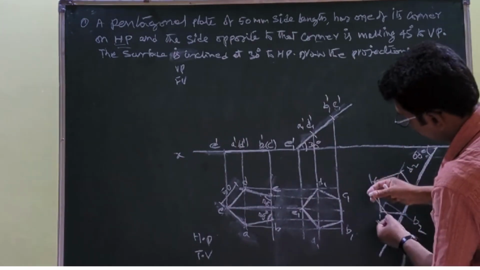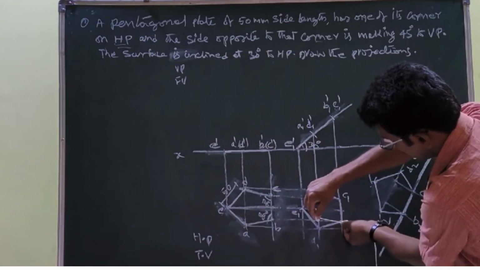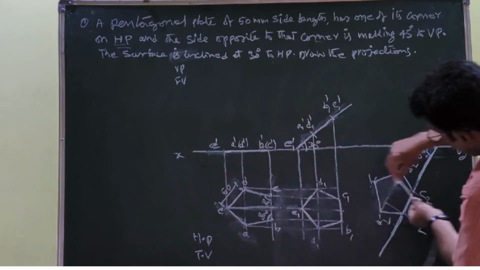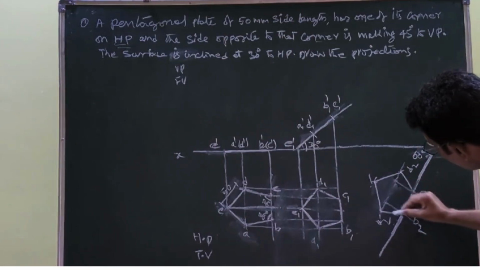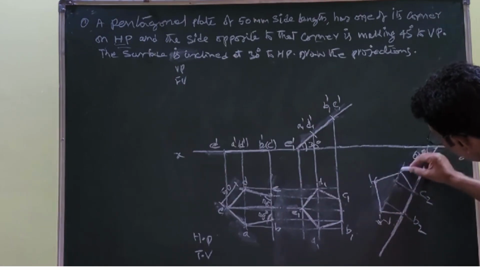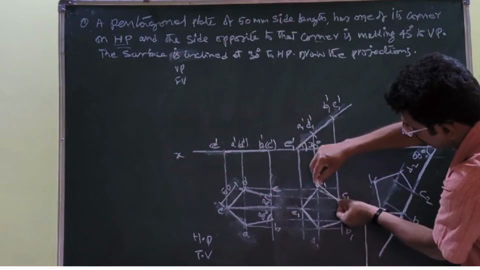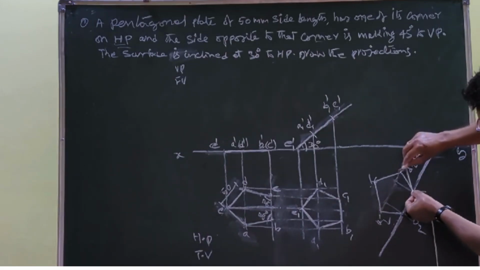After that, you take this distance, you cut it here, this is a distance, you cut it here. Then you draw a line parallel to this one through these two points, like this. Then C1 D1 as a radius, C2 as a center, you cut this line.